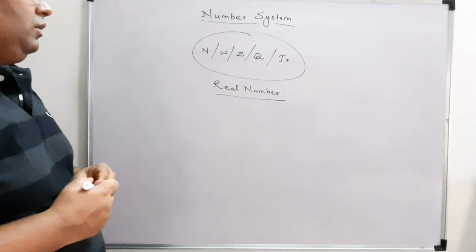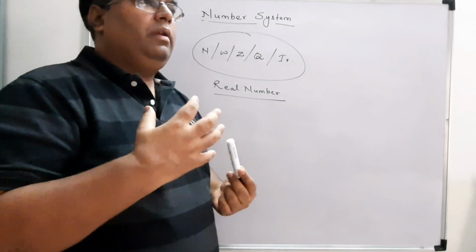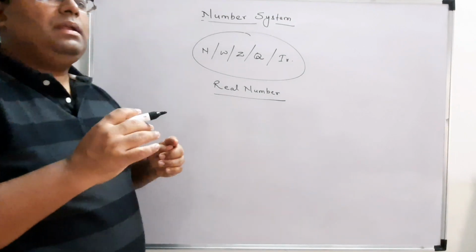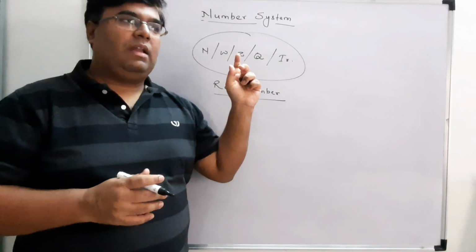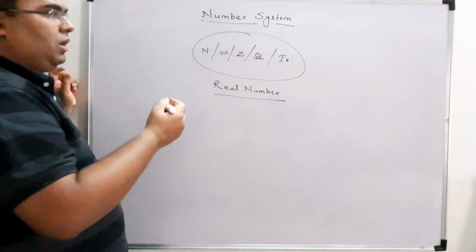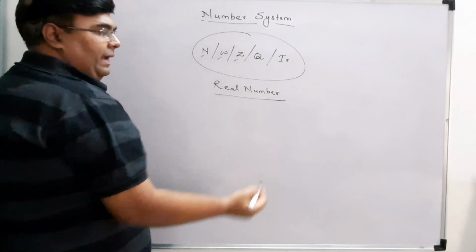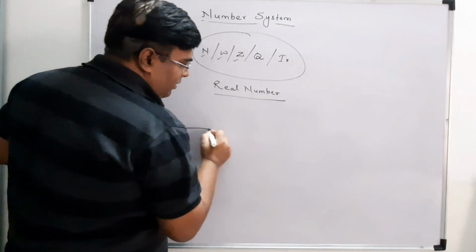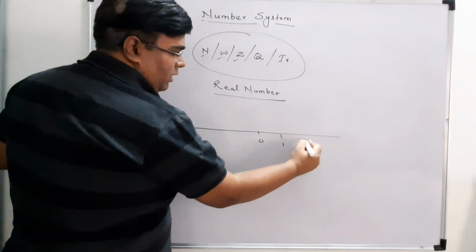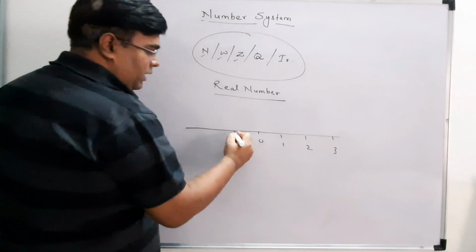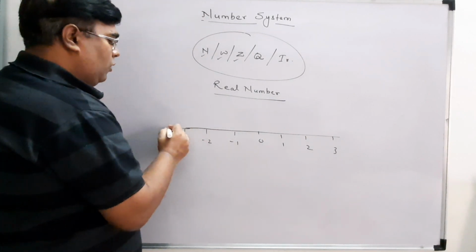Okay, now we need to learn how to represent a real number on a number line. That real number can be irrational also, it can be anything. So we already know how to represent our natural numbers, whole numbers and integers on a number line. 0 is there, 1, 2, 3, -1, -2 and so on.